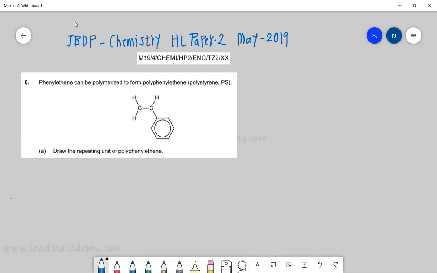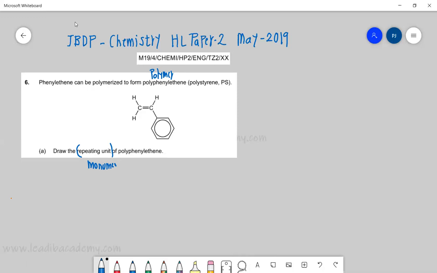Repeating unit means monomer, and this is basically a polymer. So monomers, when they get combined, we get polymer.